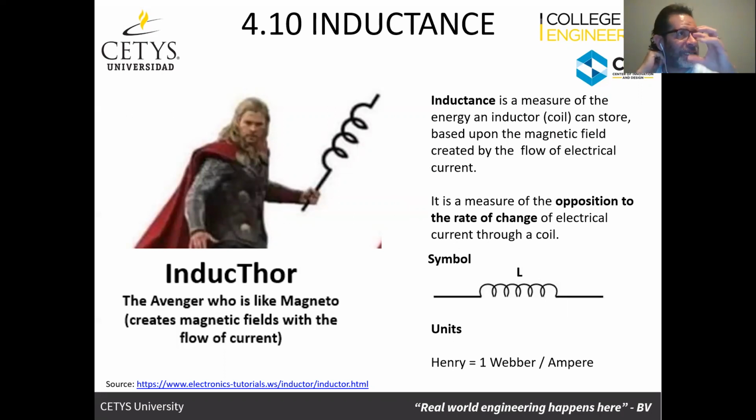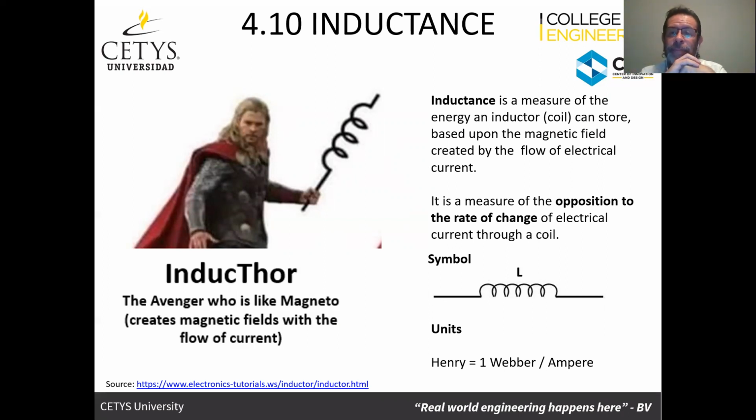Now this is important because the resistor is the opposition to the flow of current, like a restriction in a tube. Inductance is a measure of the opposition to the rate of change. Current is going in one direction, but if current increases or decreases, or goes from one direction to the other, the rate of change is going to be the energy that can be created by that rate of change.